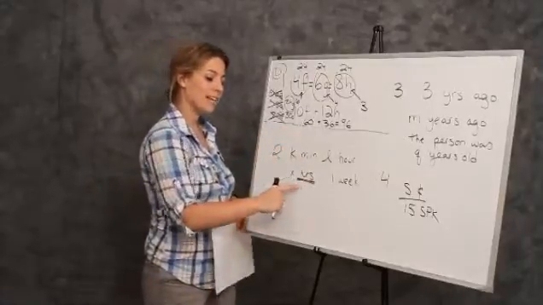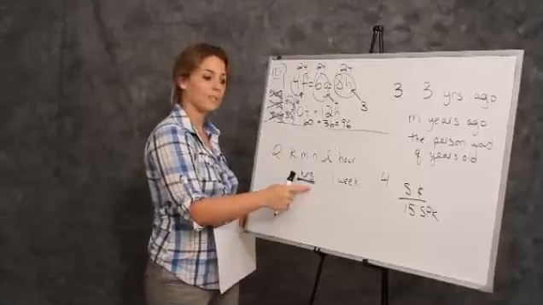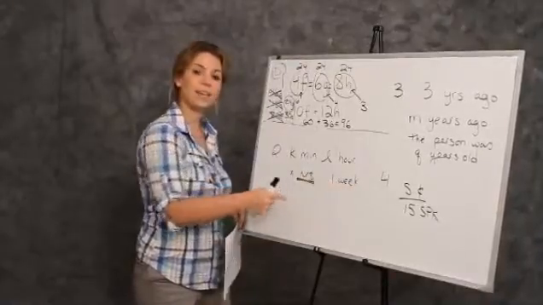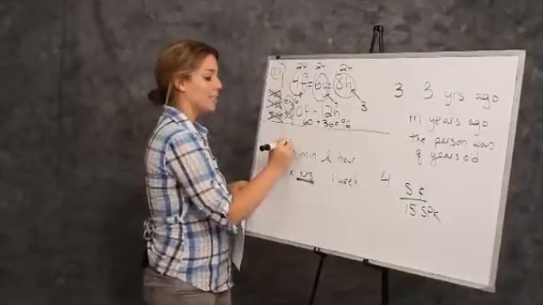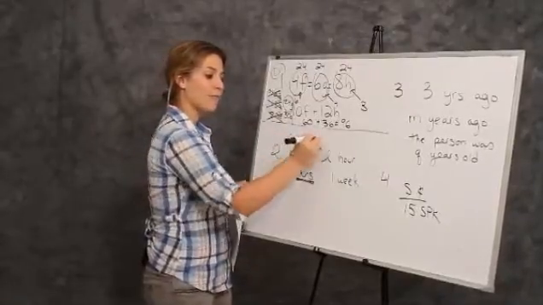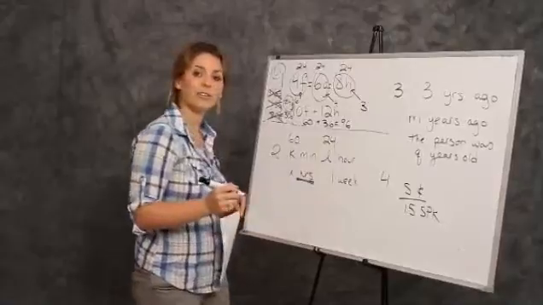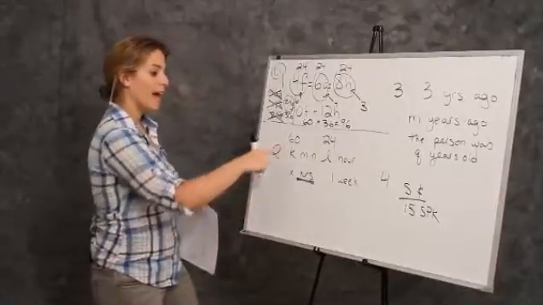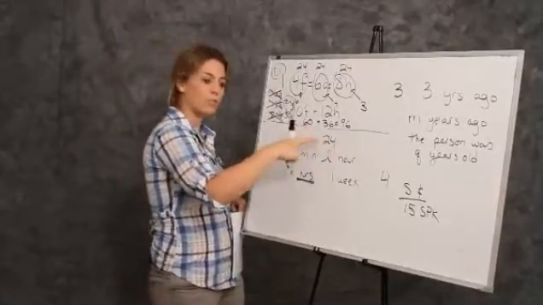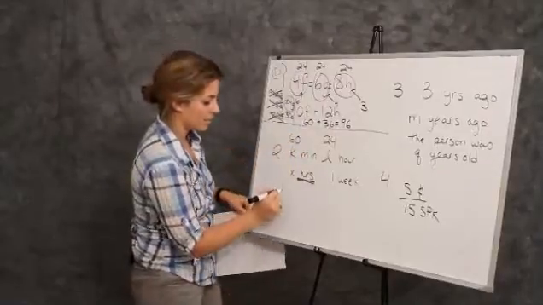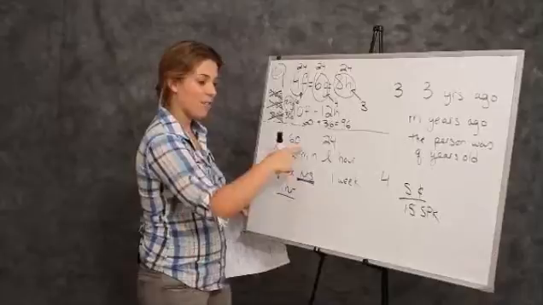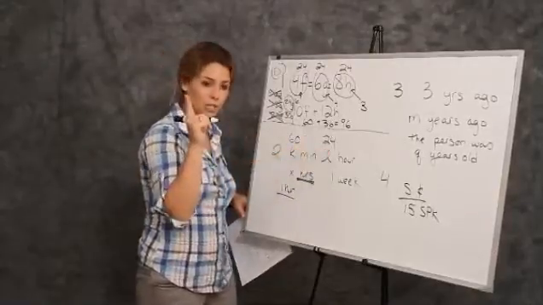So since they're asking for this in hours and they're asking for this in weeks, what we're going to do is we're going to say that this grandfather clock loses 60 minutes every 24 hours. So that really can be switched over to it loses 1 hour, because 1 hour is 60 minutes, every 24 hours, which is 1 day.